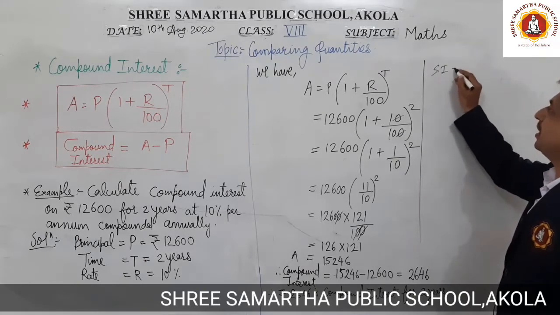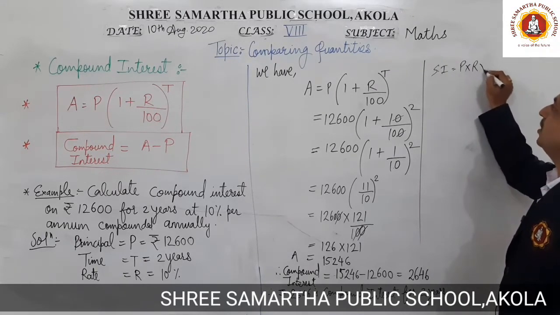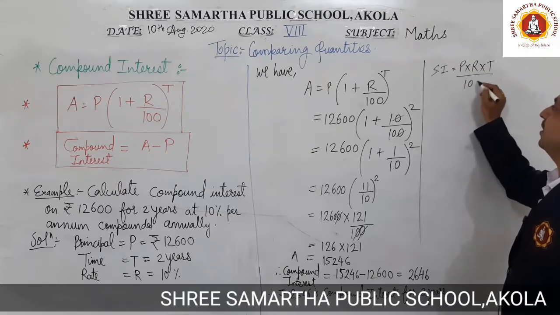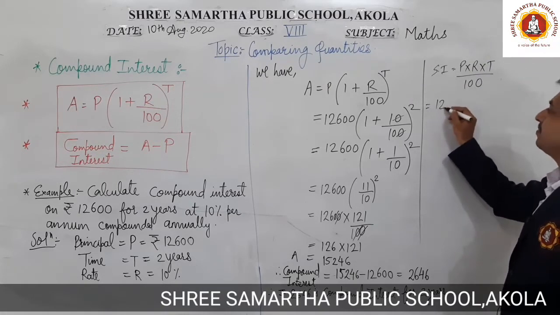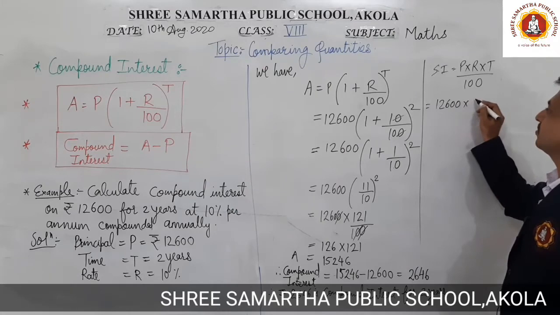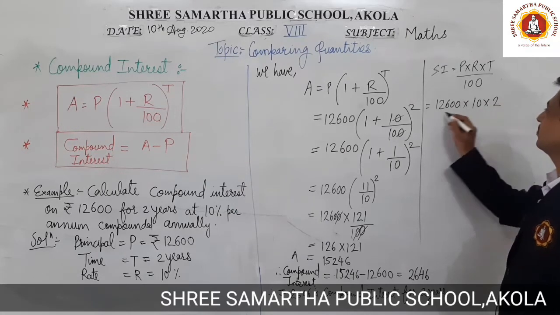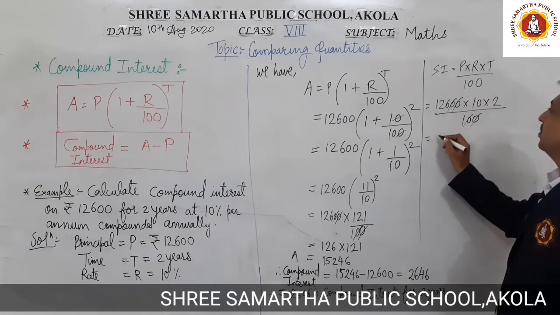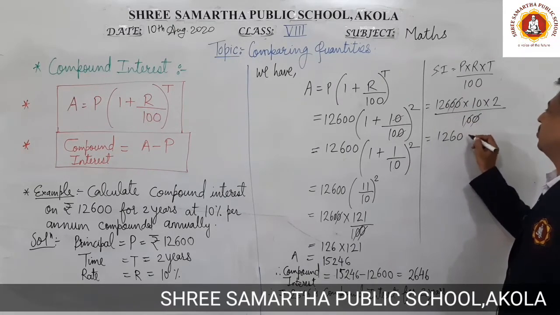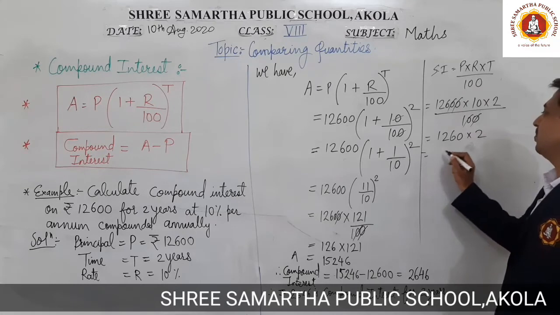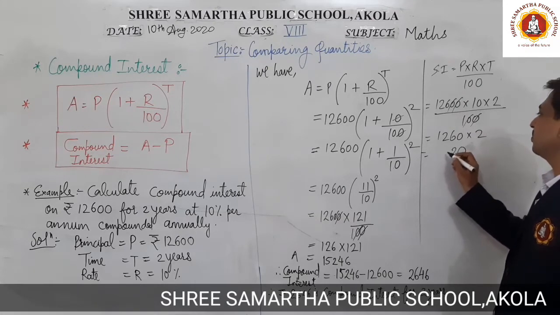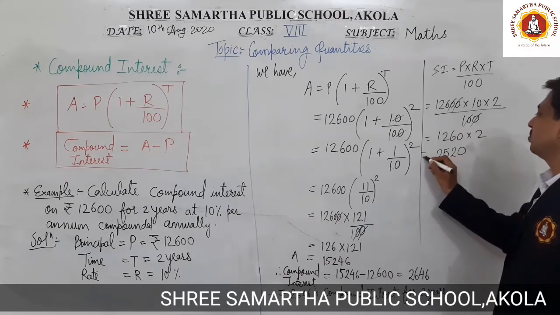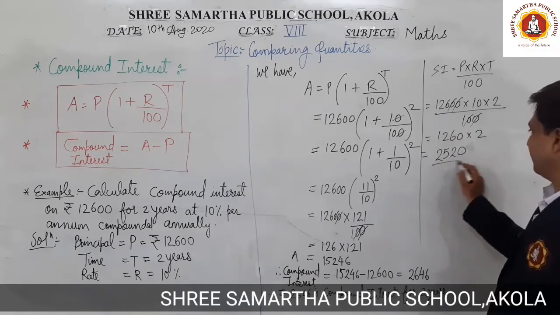Now for simple interest we get P into R into T by 100. So 1260 into 2 gives 2520.